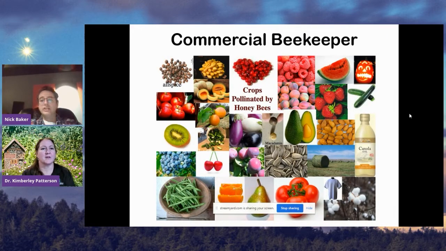I briefly mentioned melons. So I pollinated pumpkins out in Texas, but we also have a lot of melon farmers here in Arizona, such as watermelon and cantaloupe, and bees are very important for pollinating those crops. The interesting thing about those, they don't really produce a lot of nectar, so even though we have bees there pollinating those crops, they're only picking up pollen, and that's not enough to sustain the beehive.